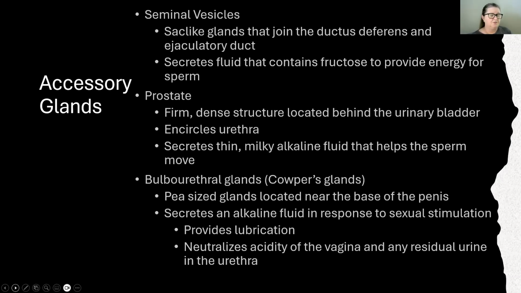It not only helps to neutralize the acidity of the vagina, it helps to neutralize any residual urine that might be in the urethra, because you can't always get it all out, and provides for lubrication during sexual intercourse. All this works out beautifully because it all helps the sperm hopefully get to where it needs to go unharmed.